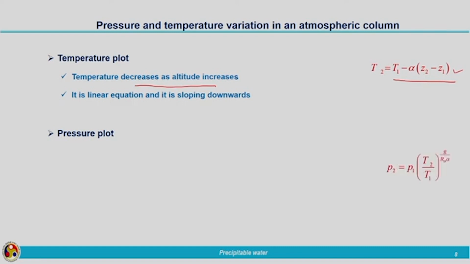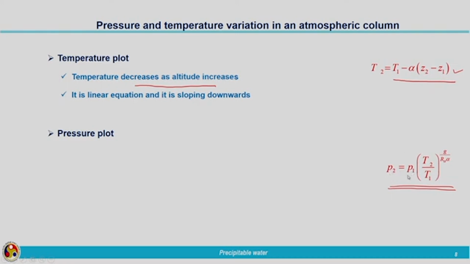Now, coming to the pressure plot, it is given by this equation. Looking at the equation itself, it is very clear that it is a non-linear relationship. You can see P1 multiplied by T2 by T1 to the power of G by R alpha will give you the pressure at a higher altitude, P2 at section 2.